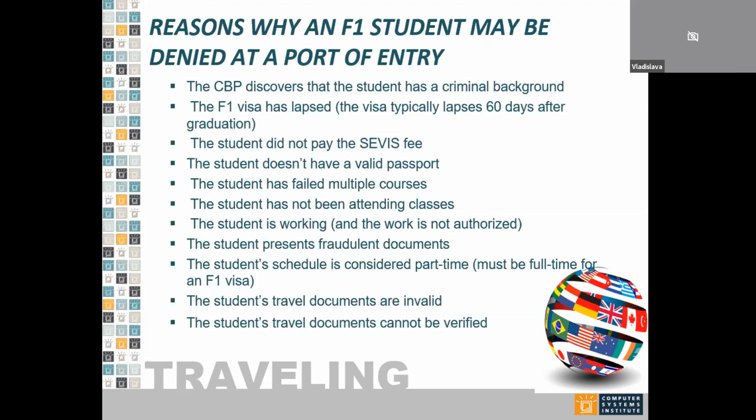Your SEVIS record will be checked, and your phone and email might be checked. So please pay attention to it. Be careful with what you email to your friends and what you're talking about on your phone. It could all be reviewed by Customs and Border Protection officers.